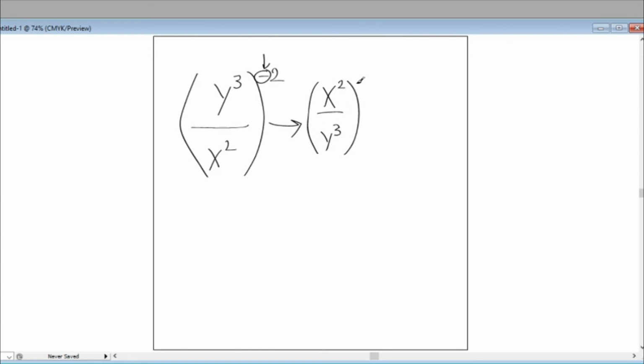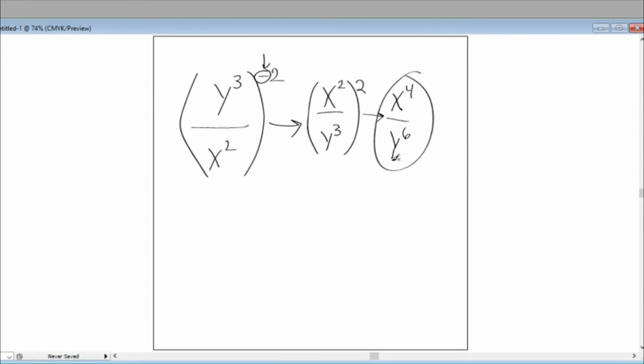Then I still have the second on the outside. All I've done is I've taken care of the negative. I have not taken care of the actual power. So everything inside of here needs to be raised to the second power. And like we said, when we raise a power to a power, we multiply. So x to the second raised to the second will be x to the fourth. Y to the third raised to the second will be y to the sixth.